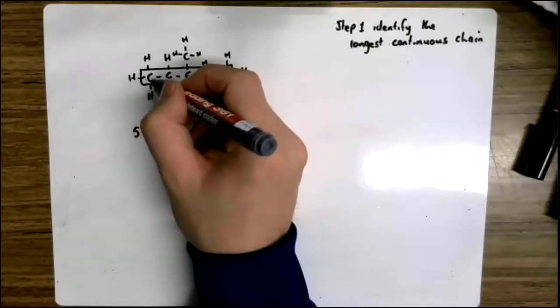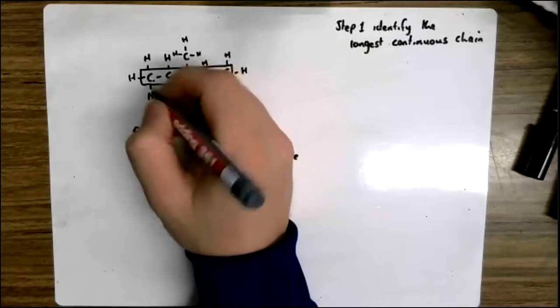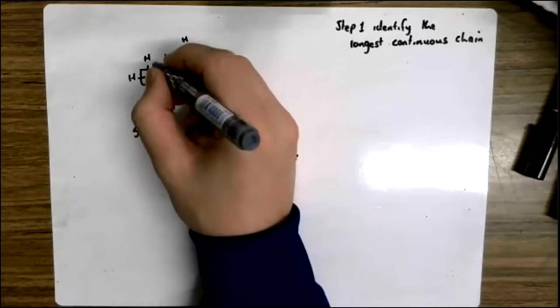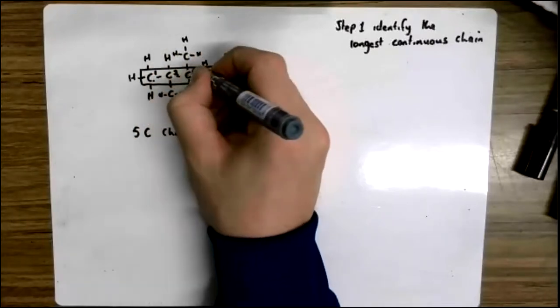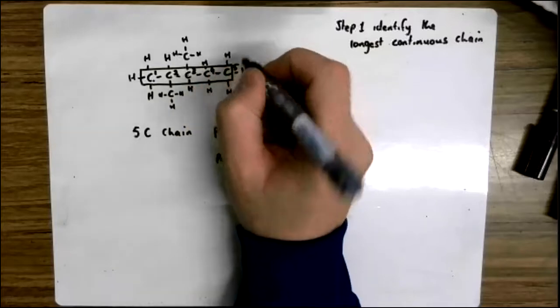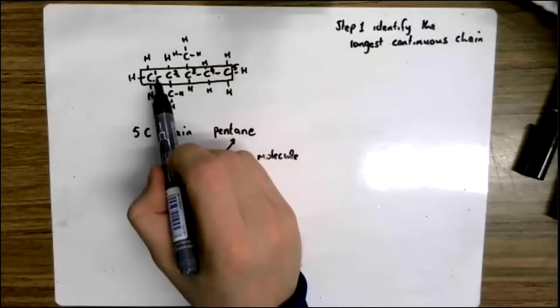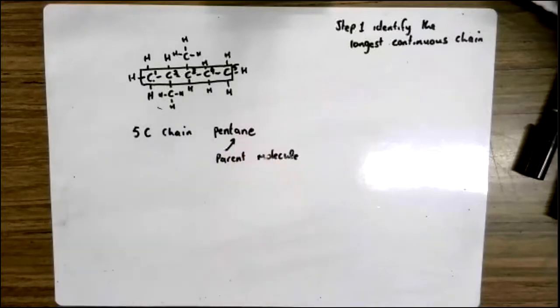If I start from this side, I'm going to have branches on carbon 2 and carbon 3. So this is the side I want to start from. Now I'm going to number them. So this is carbon 1, 2, 3, 4, 5. Okay, so numbering them, starting on the side that will give me the lowest numbers. Great, easy.